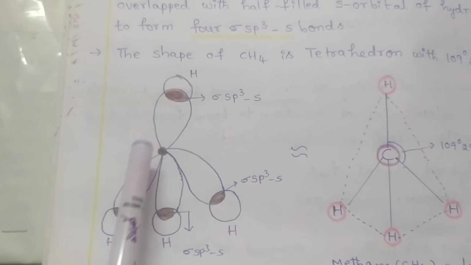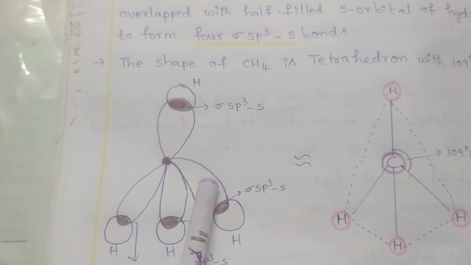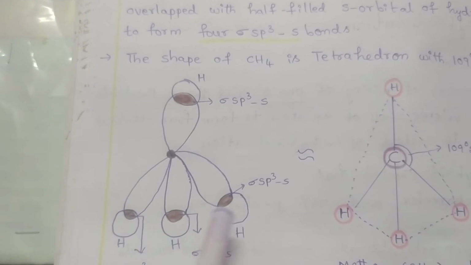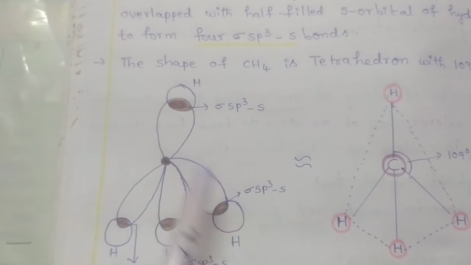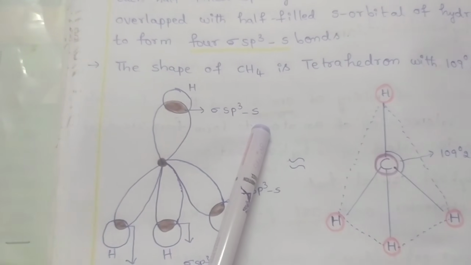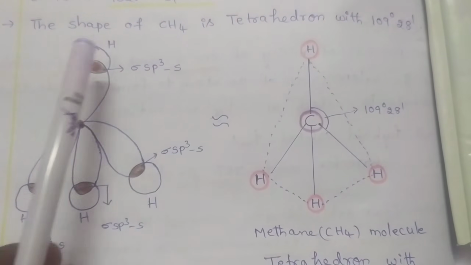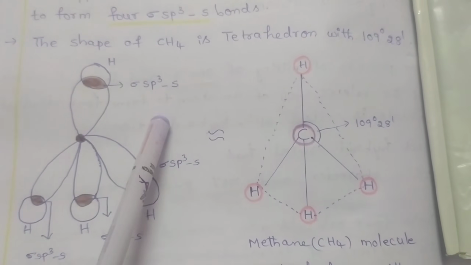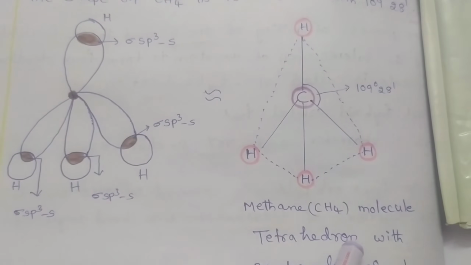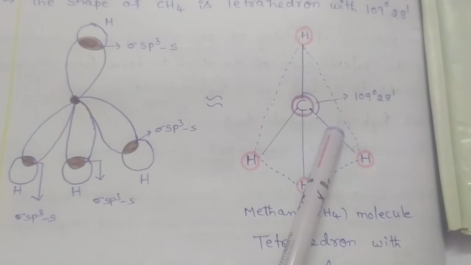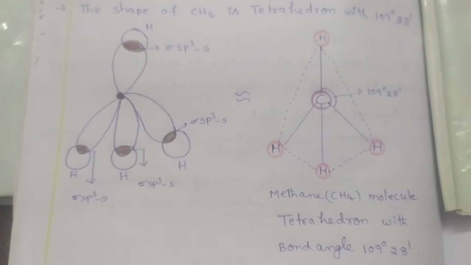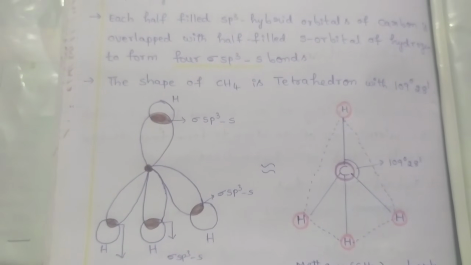These four sp3 hybrid orbitals are combined with the s orbitals of four hydrogen atoms to form four sigma sp3-s bonds. After the formation of this structure, methane has a tetrahedral shape with bond angle 109 degrees 28 minutes. This is an example for sp3 hybridized molecule.